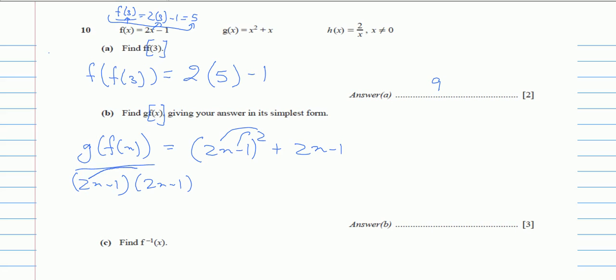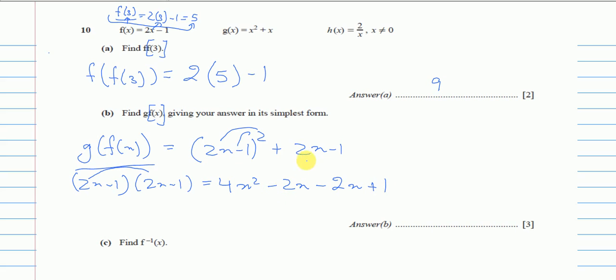So 2x times 2x gives 2 times 2 is 4, and x times x is x squared. Then this is multiplied with negative 1, I get minus 2x. Then negative 1 times negative 2x is another negative 2x, and negative 1 times another negative 1 is positive 1. That's how you open the bracket to be safe.